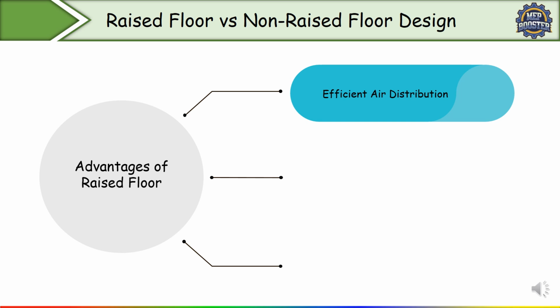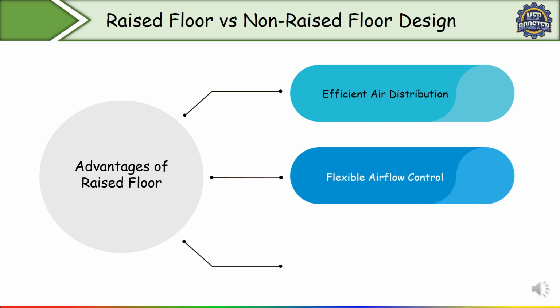Air is delivered exactly where required, near the server, with no long duct losses and less pressure drop. Okay, so the result is what? You will get better cooling performance, reduced energy consumption, and uniform temperature in the data center. Okay, so instead of ducts going everywhere, the whole floor becomes one large supply air chamber. So this is the first benefit, efficient air distribution.